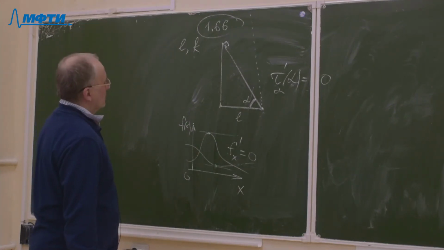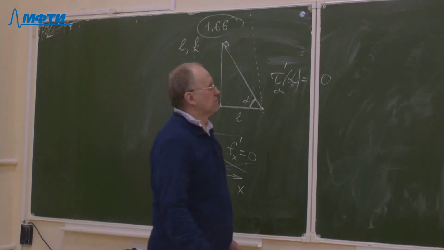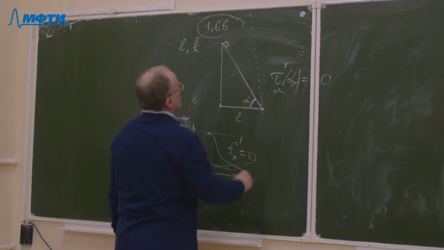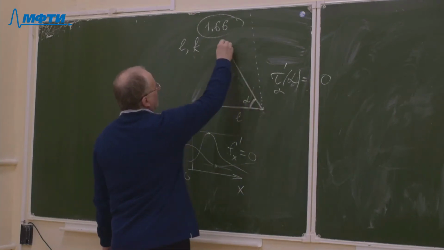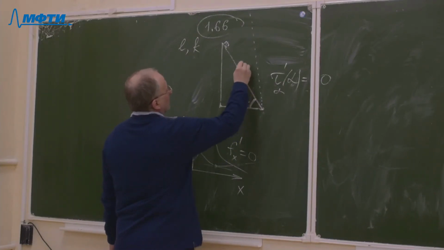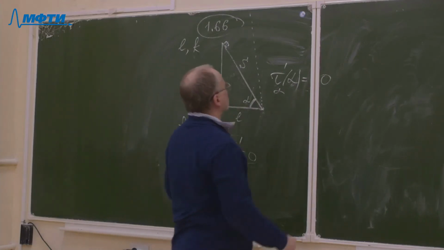So, if the body slides down with acceleration and it has to reach the lower point, it will have some displacement, and let this displacement be S. That is the length of this hypotenuse in this triangle.